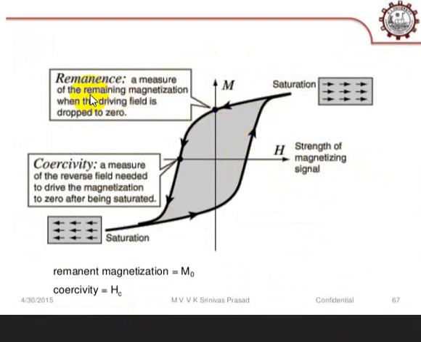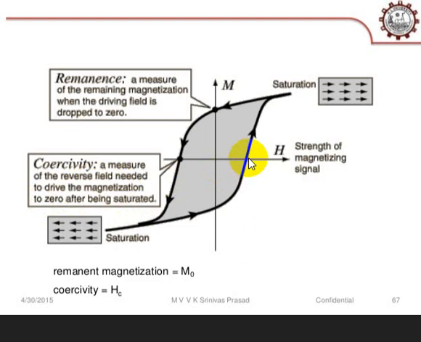Remnance is the measure of the remaining magnetization when the driving field is dropped to 0. When the driving field is dropped to 0, the retentivity, you will take in terms of intensity of the magnetic field. And here at this point we have the coercivity, and coercivity is the measure of the reverse magnetic field needed to drive the magnetization to 0 after being saturated.